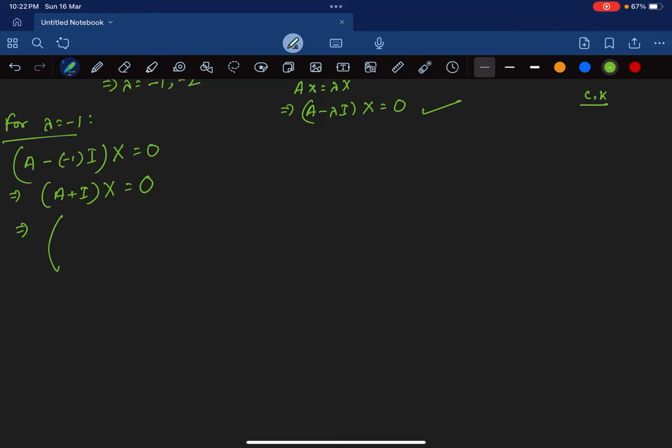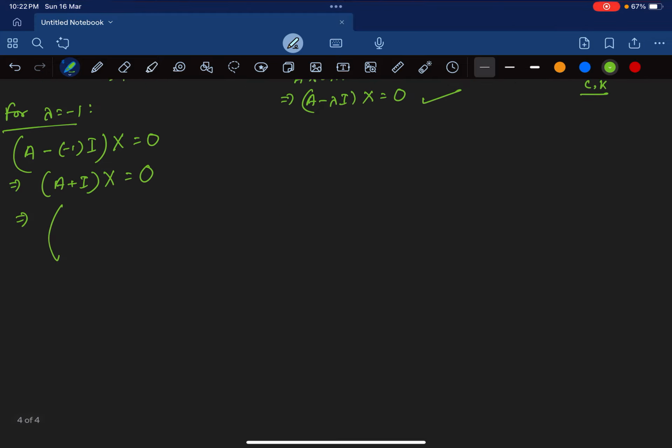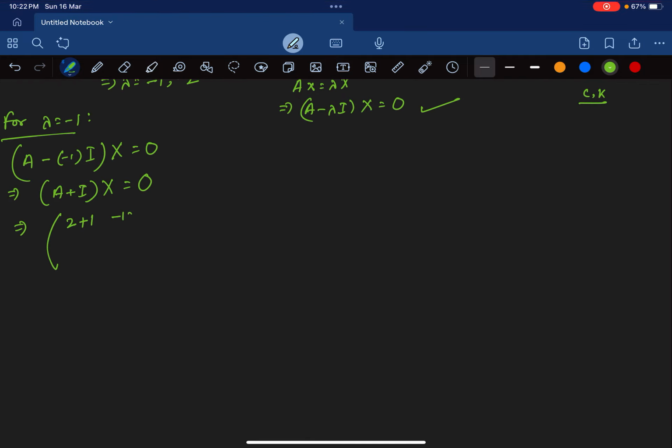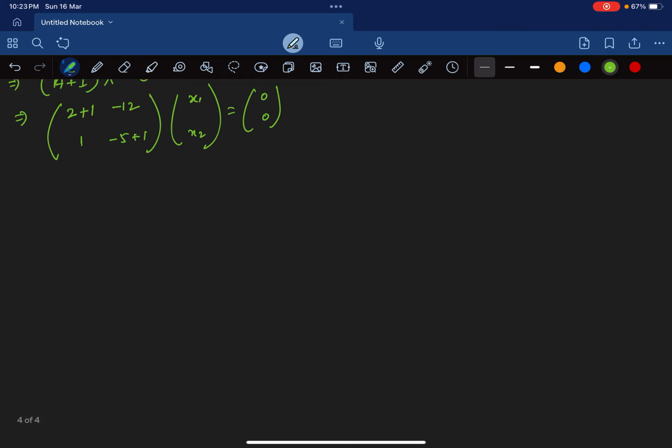Here, A + I: what is A? A is [2, −12; 1, −5], and plus I means diagonally 1 will be added. So you have [3, −12; 1, −4] times [x1; x2] equals [0; 0].